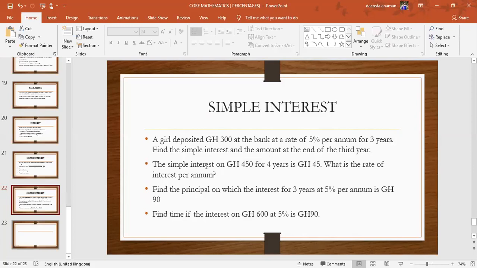Now, these are some questions. As usual, the first one is mine, then the others are yours. A girl deposited 300 cedis at the bank at a rate of 5% per annum for 3 years. You have to find the simple interest and the amount at the end of the 3rd year.